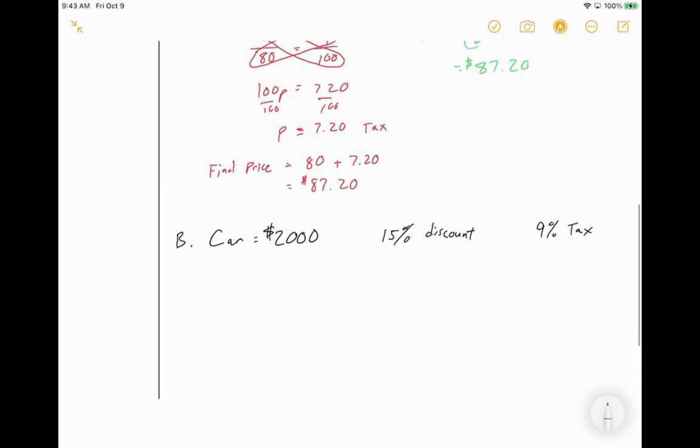All right, 15% discount. I got to do that first. 15 over 100 is equal to P over 2,000. And again, if you do a different method, that's totally fine.